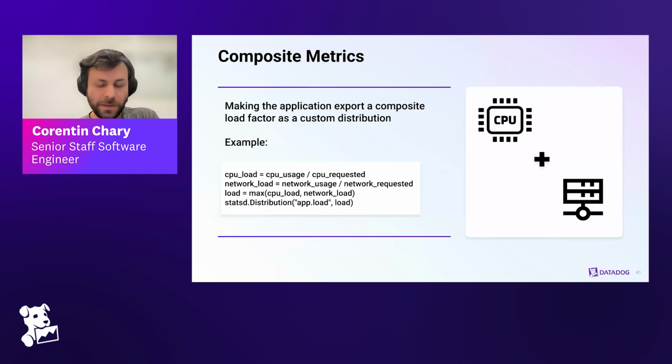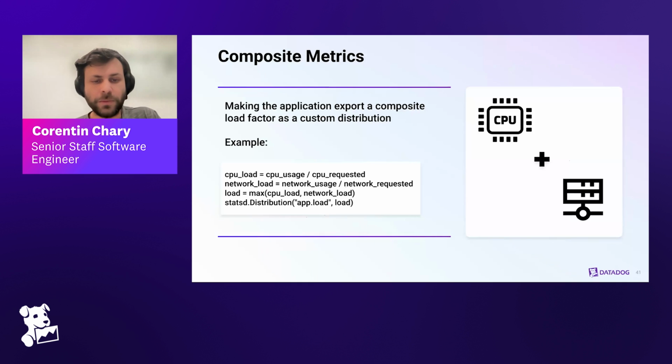Well, the WPA has the option to look at multiple metrics. We found that it was not the most optimal way to do that. Instead, the suggestion here would be to export a composed metric that is built from both or multiple kinds of loads, and use that in the WPA, or try to craft a single query in Datadog metrics that looks at everything that you want to look at.